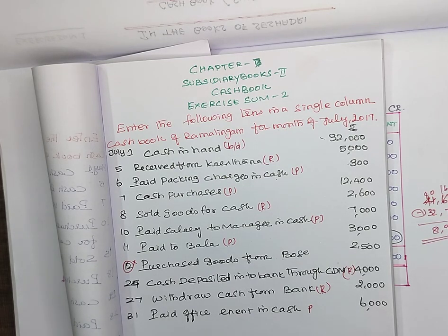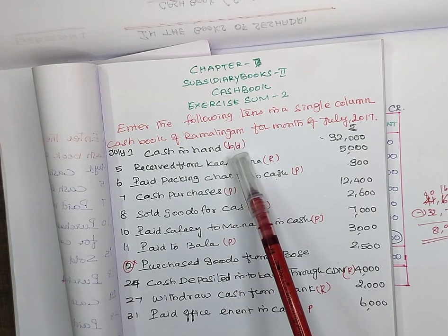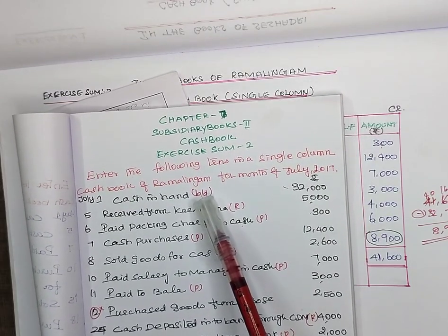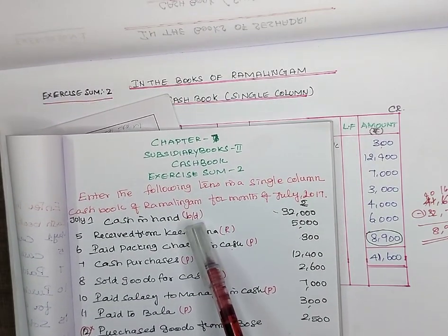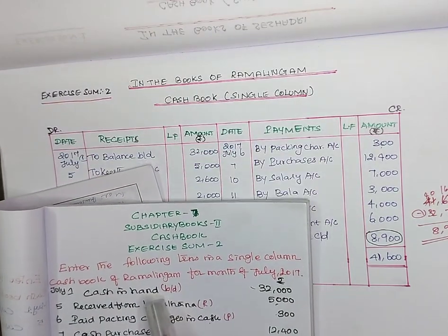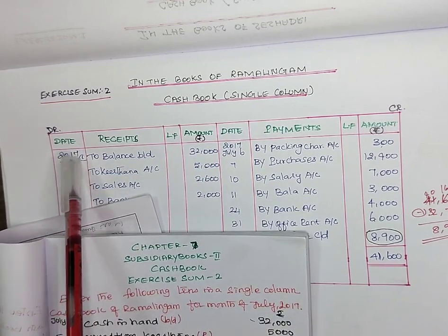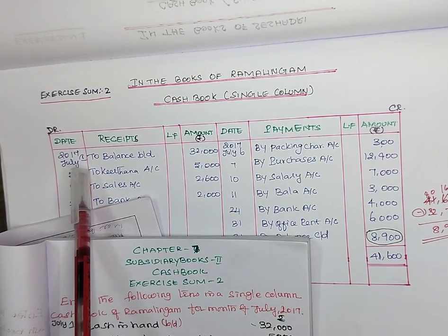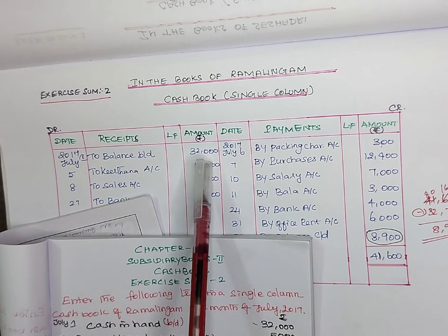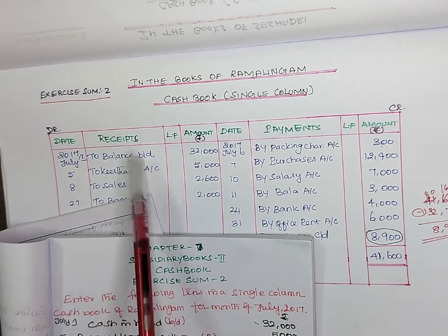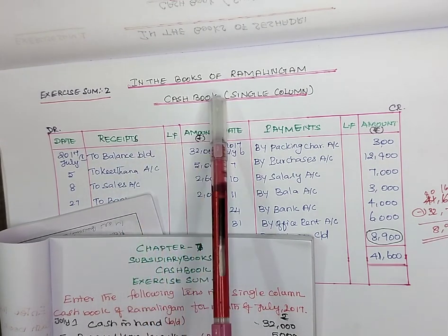So on the debit side, dated July 1, to balance brought down 32,000. Balance brought down means the opening balance of the cash book.